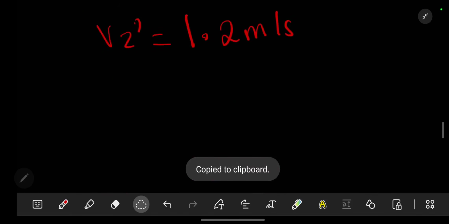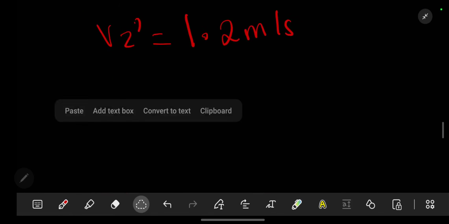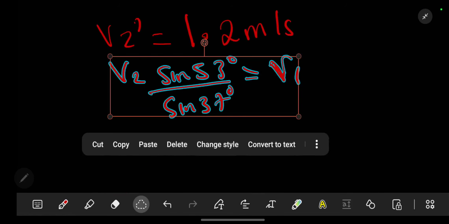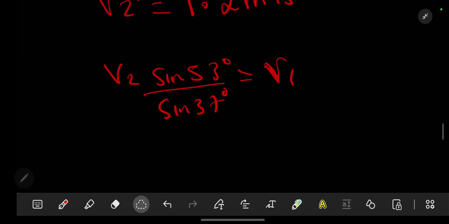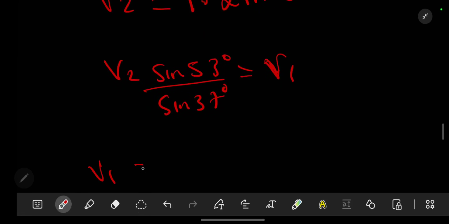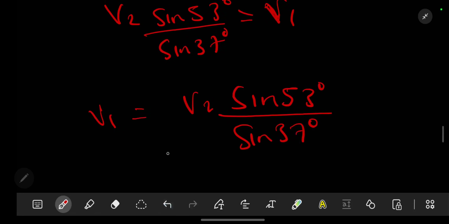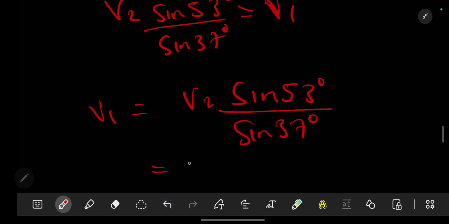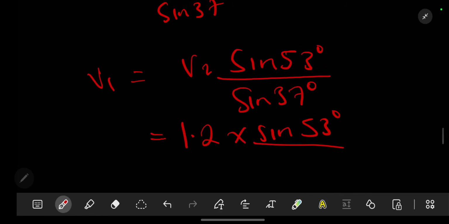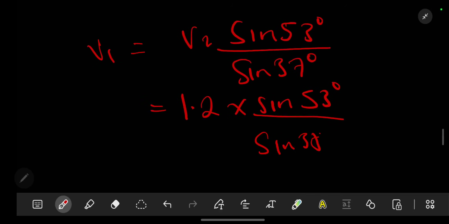So we are going to get this and put the value of V2 to get V1, because it's saying that V1 is equal to V2 sine of 53 degrees over the sine of 37 degrees. So this gives us 1.2 times the sine of 53 degrees over the sine of 37 degrees.